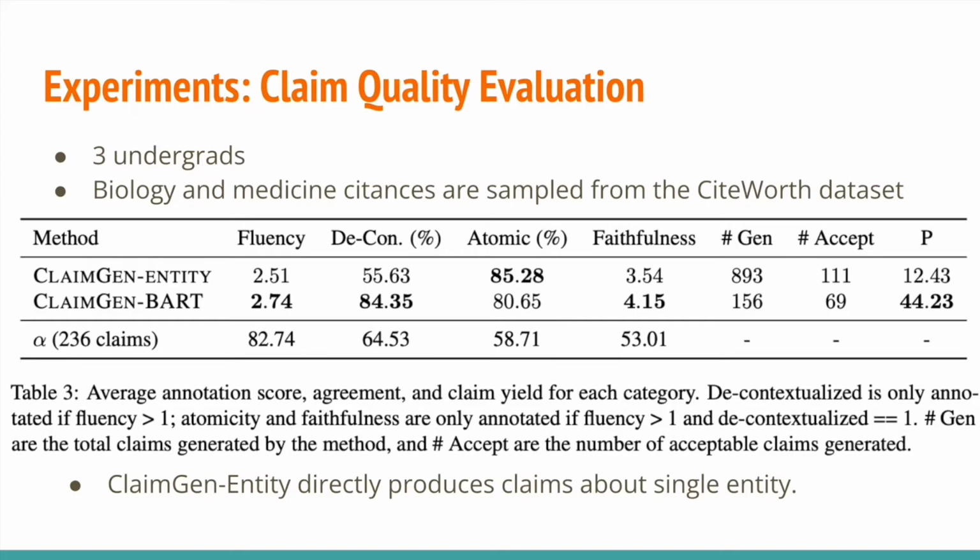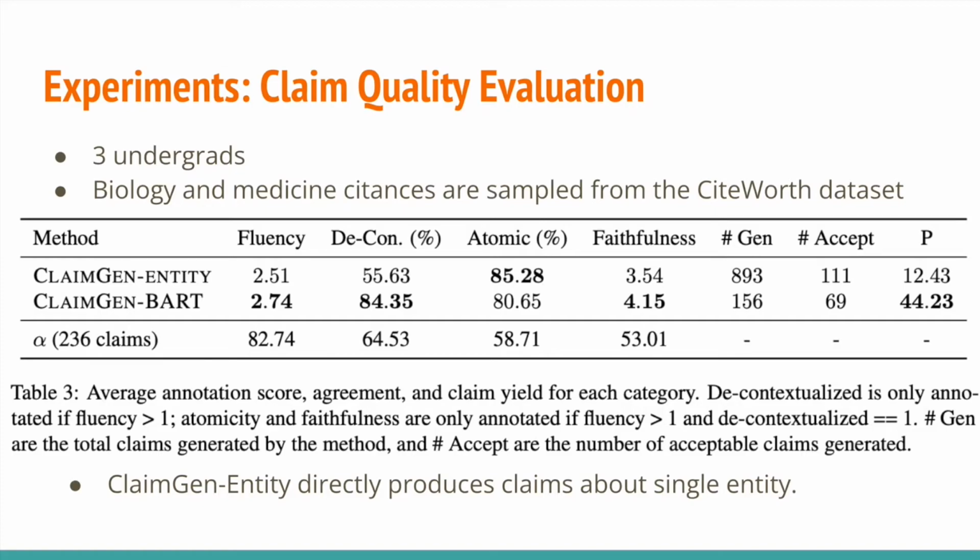And for ClaimGen-BART, as you can see, its precision, the last one, the P, is higher. So even among the generated claims, mostly the claims are high quality, so they are valid.